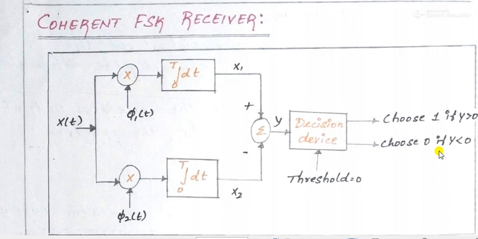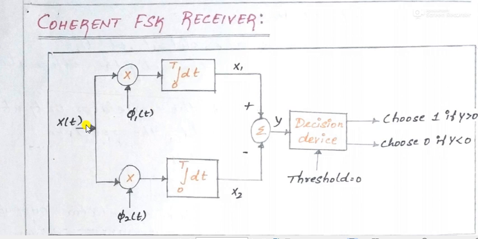Coherent FSK receiver. The incoming noisy FSK signal is multiplied by a locally generated carrier signal that has the exact same frequency and phase as the transmitter carrier. So it is called coherent FSK detection.